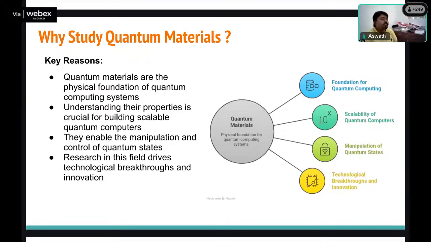The next point is understanding their properties is crucial for building scalable quantum computers. What I mean is, let's say I have one qubit, and I have one more qubit. When I bring them together, how do they interact? Let's say there is a photonic qubit, which is called a flying qubit, and there is a static qubit, an electron as a qubit, let's say spin up or spin down.